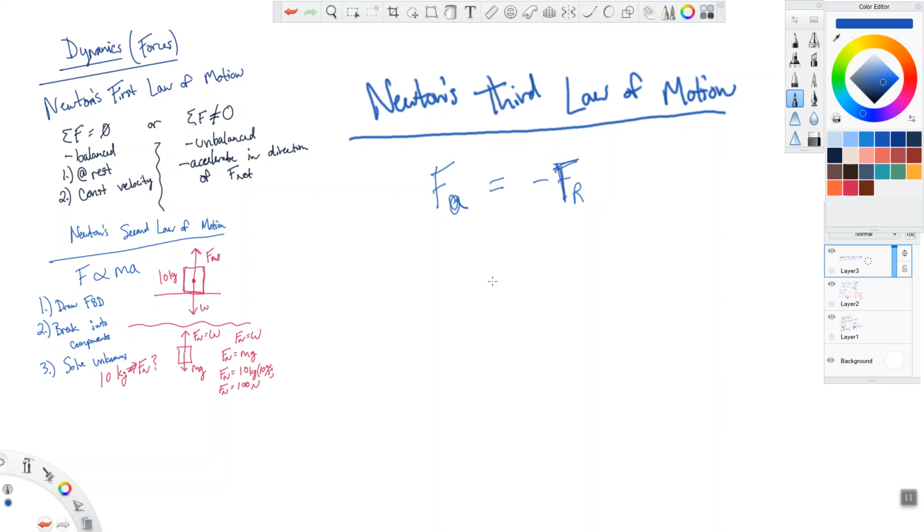So what this means is if I were to take a box and I were to push it on another box, that means that the force that the one box is pushing onto the other one is equal and opposite to the box pushing back. So then we could say the force applied from box 1 onto 2 is equal and opposite to the force applied of box 2 onto 1.